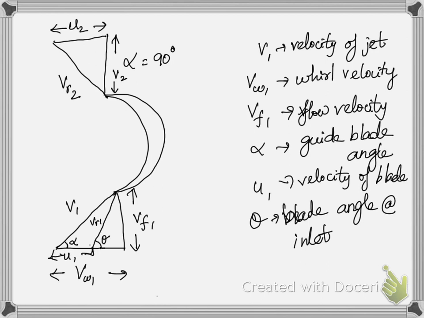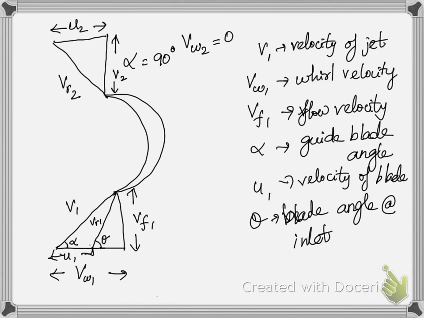The water enters tangentially or laterally and goes out axially. That's why my alpha value is 90 degrees in the outlet velocity triangle. Since it is at 90 degrees, there is no need to subdivide into horizontal and vertical components, which means there is no VW2. VW2 will be 0. This is a major thing you have to remember here.